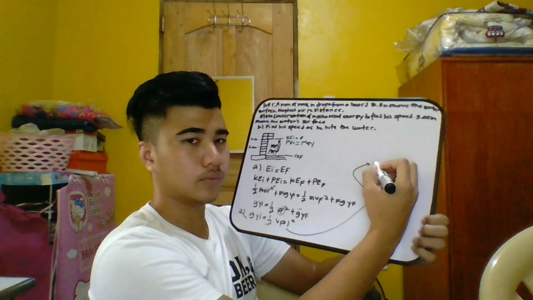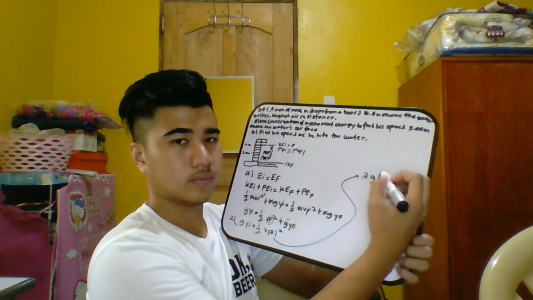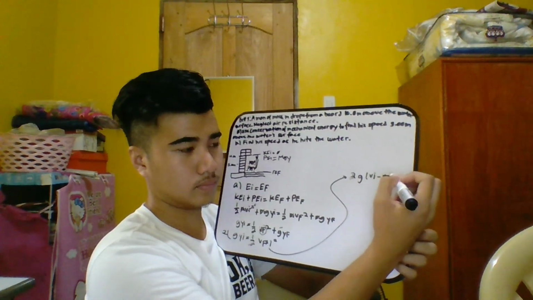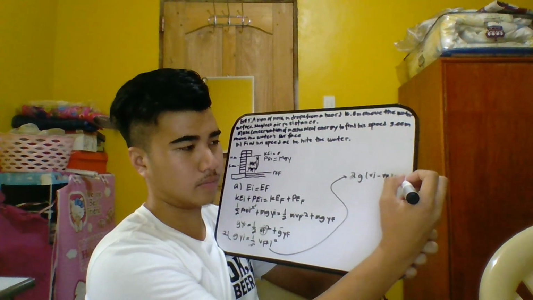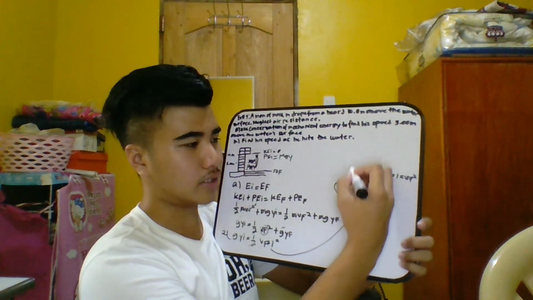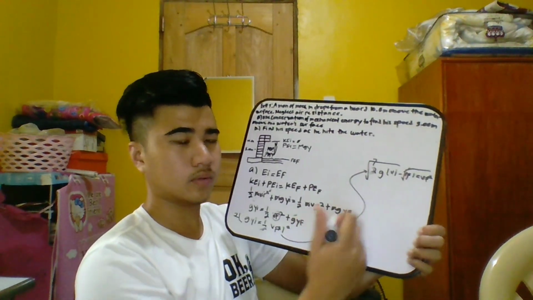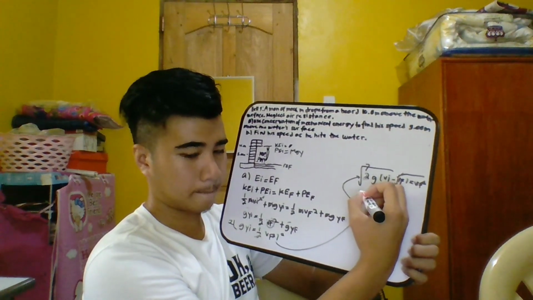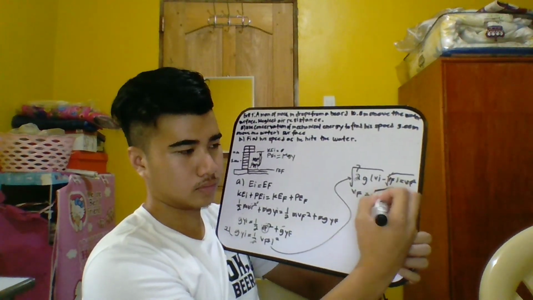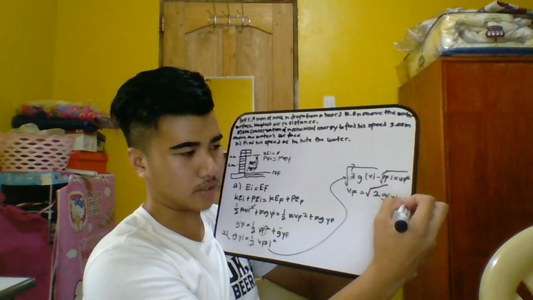So we now have 2 times gravity times y initial minus y final equals final velocity squared. Then take the square root of both sides to cancel the square. So the final velocity is equal to the square root of 2 times g times y initial minus y final.